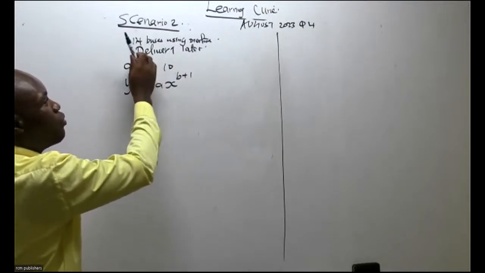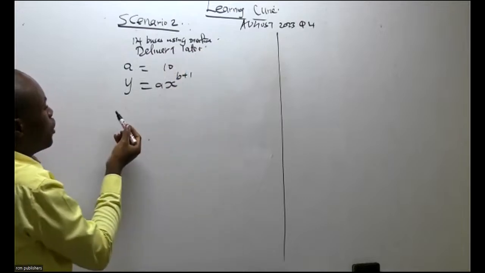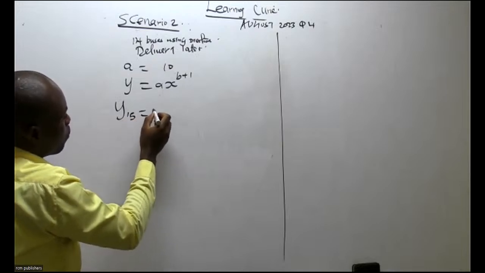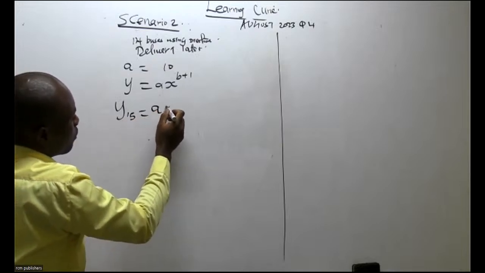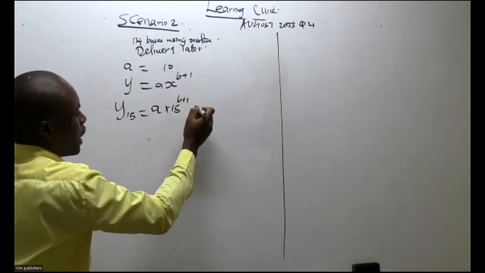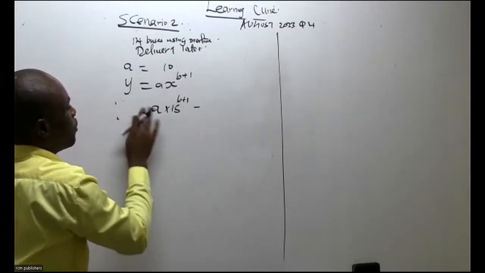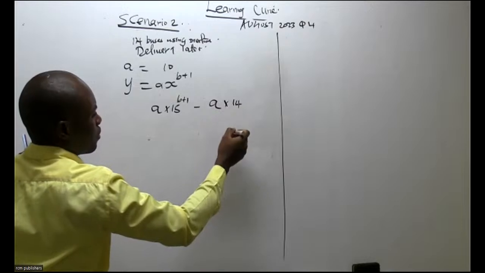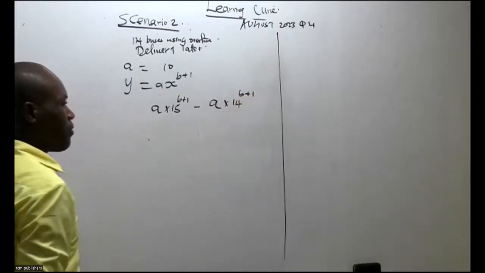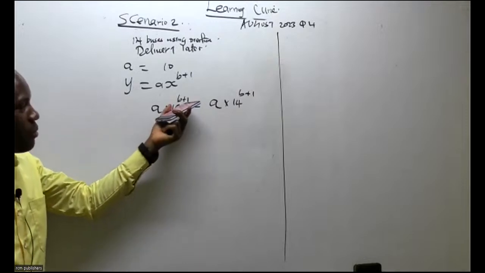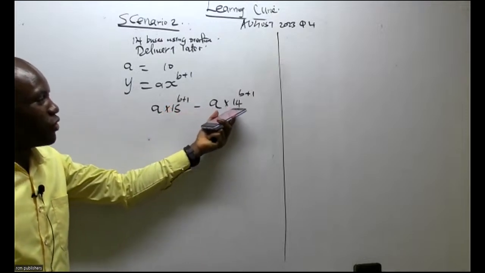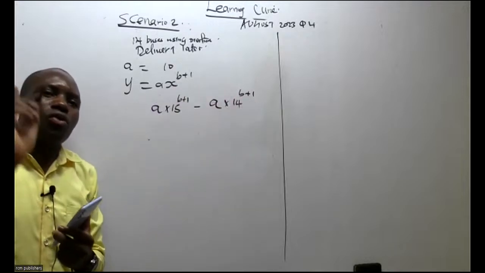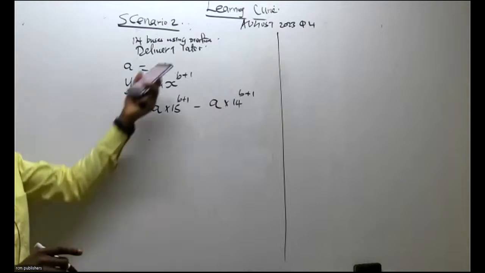For you to get the time taken to deliver this 1 bus, you need to give us Y at 15 is equal to A times 15 to the power B plus 1, less A times 14 to the power B plus 1. If you take the time taken to produce the 15 buses, less the time taken to produce the 14 buses, that difference will enable you to get the time taken to produce the 15th bus, which they are going to deliver later.